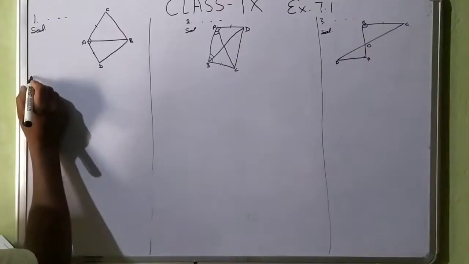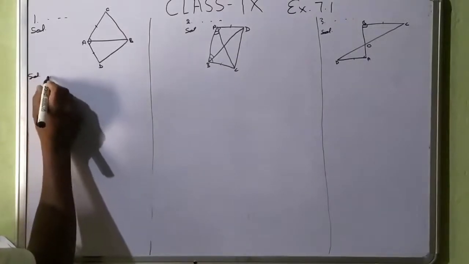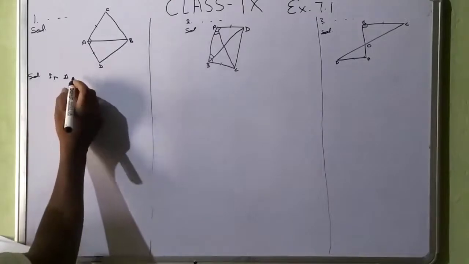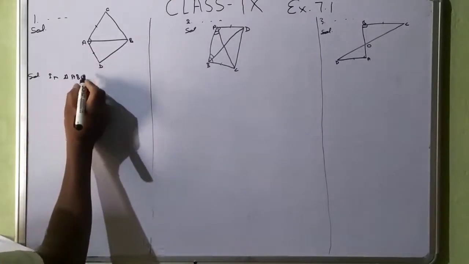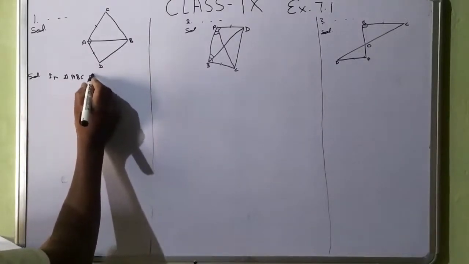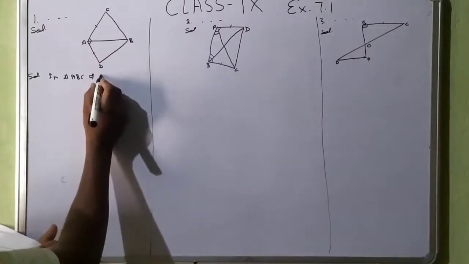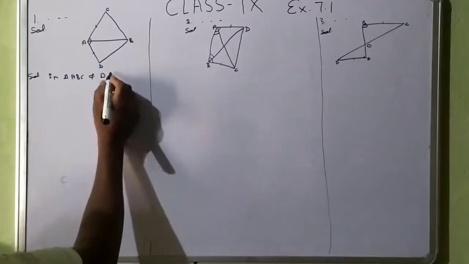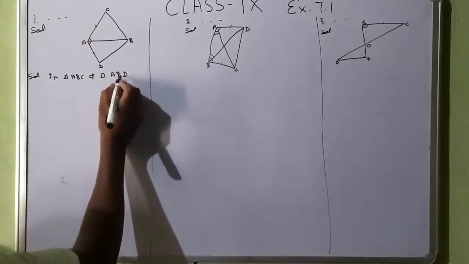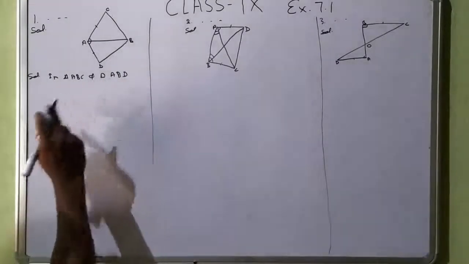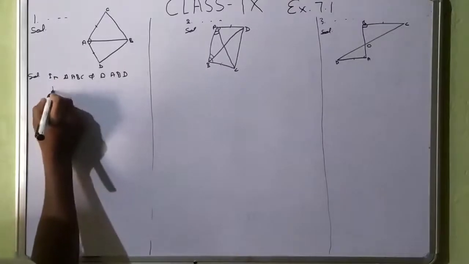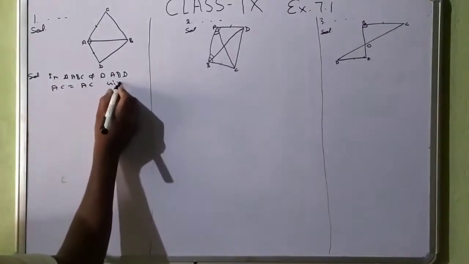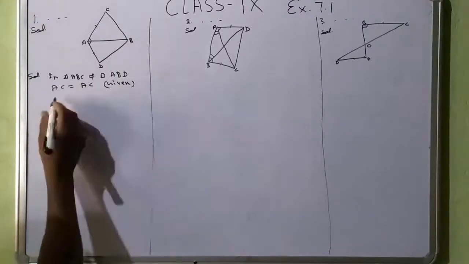So we need to prove that in triangle ABC and triangle ABD, right? Now AC is equal to AD, it is given, right?